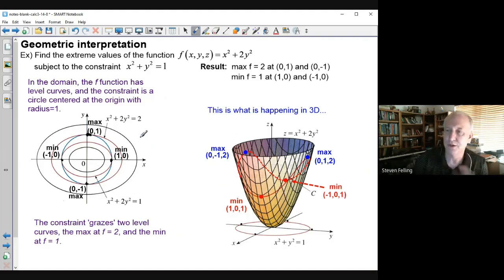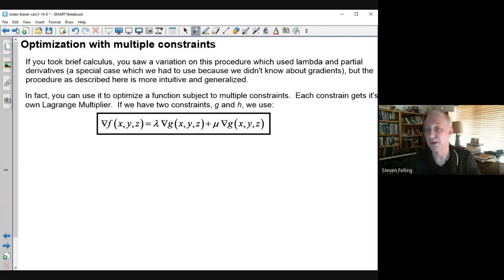But the real beauty of this is that not only can the domain have any number of input variables, x, y, and z, but you can have more than one constraint. Okay, so let's say we have a multivariable function f of x, y, z, but we have 2 constraints, a g constraint curve and, oh, that's another typo. There should be a different letter.